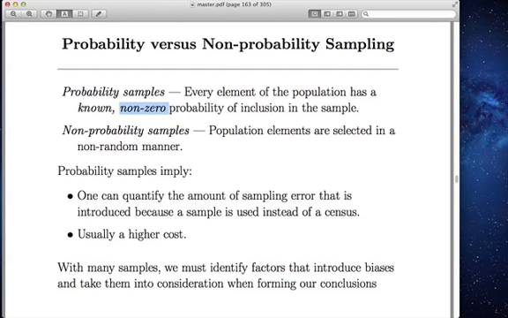Now, what might be an instance where I know the probability, but the probabilities aren't the same? This often comes up when I have subpopulations. Maybe I divide my population into old people and young people, and it's a lot easier to get old people into the sample than young people because they'll actually talk to me on the phone. Well, maybe I oversample old people, so I draw more old people into the sample.